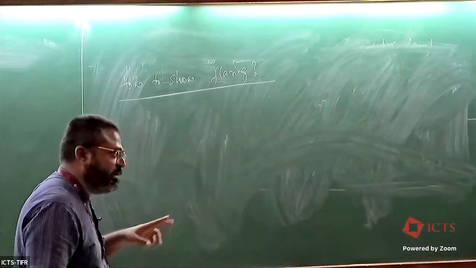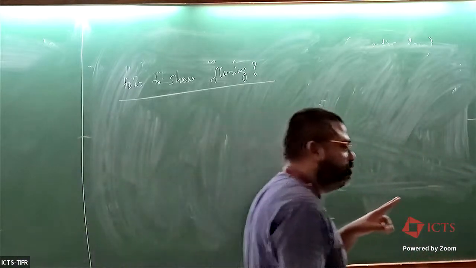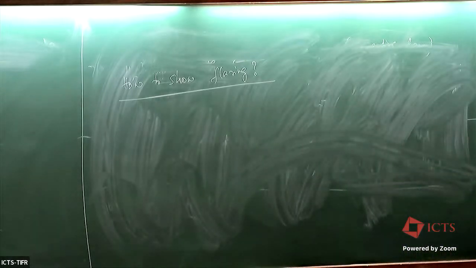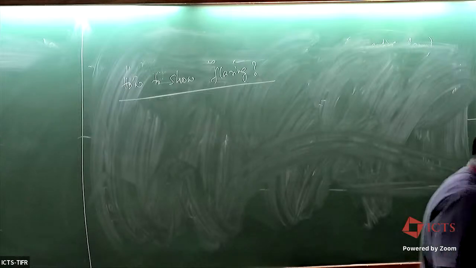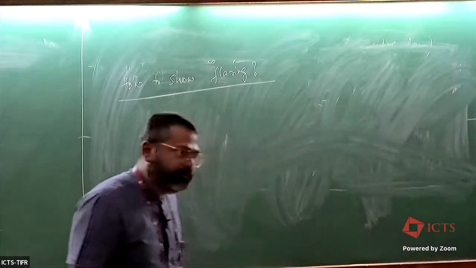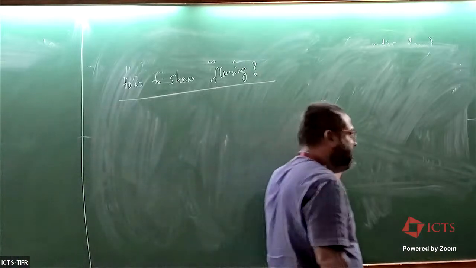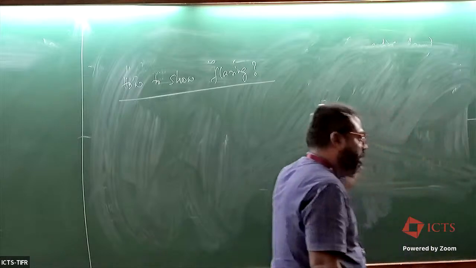So these are the two main ideas. One is to identify the parabolics. Second is how to count this electrocuted metric. Once you have these two, you can easily show the flaring conditions.